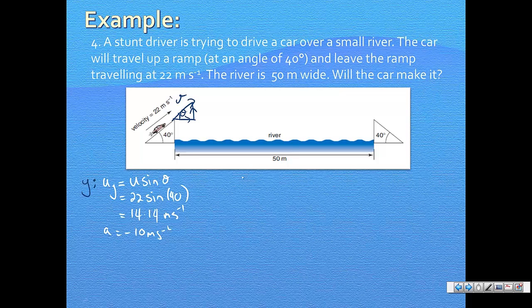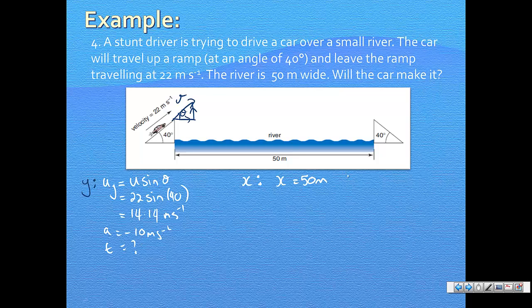So in the horizontal direction, what we do know is that the displacement is 50 metres horizontally, or 25 metres if we go halfway. So just put over here that we don't know the time. I know the horizontal direction.